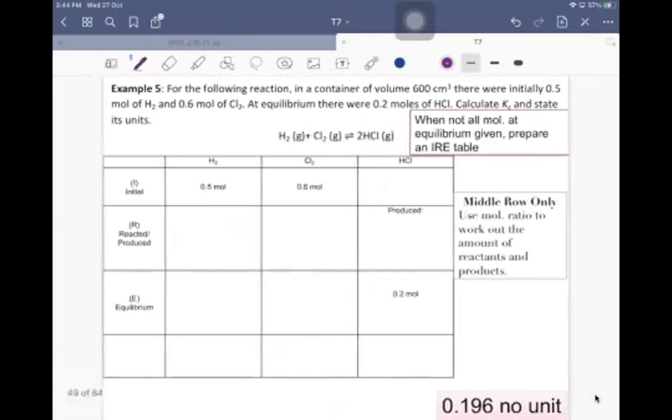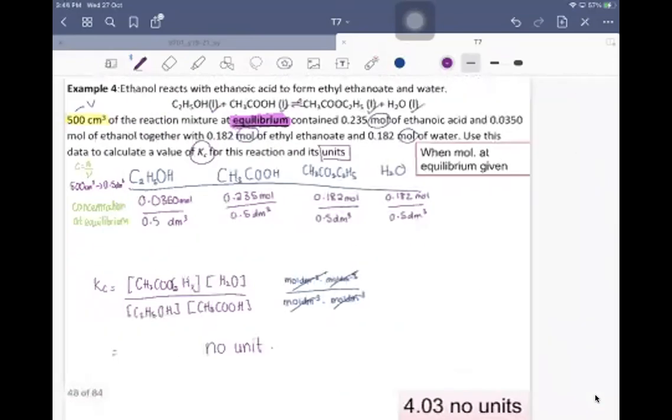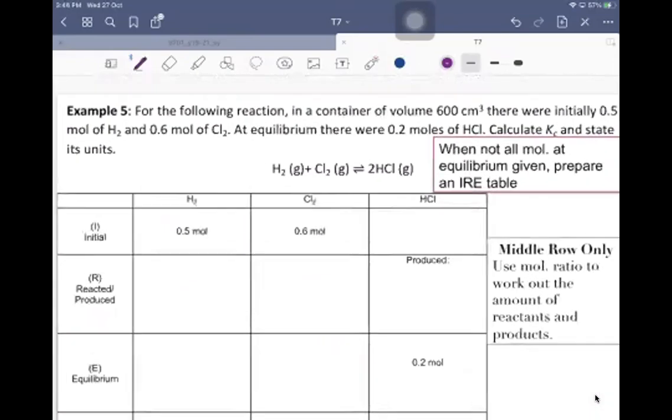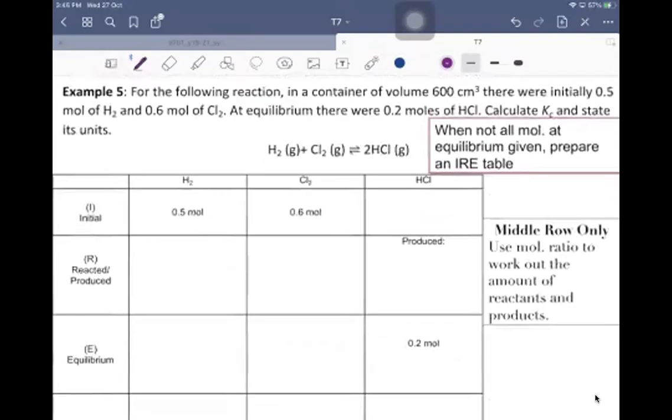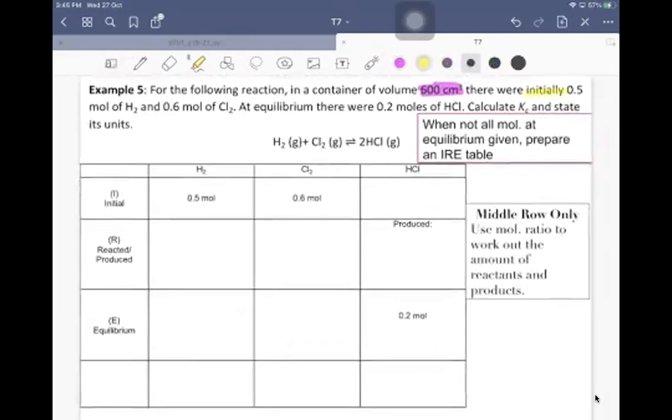Okay, so this example 5 is where it starts to get a little bit more complicated. The answer is already there, 0.196, and it has no units. For the following reaction in a container of volume 600 centimeter cube, so that's your volume again, there were initially 0.5 moles of hydrogen and 0.6 moles of chlorine.